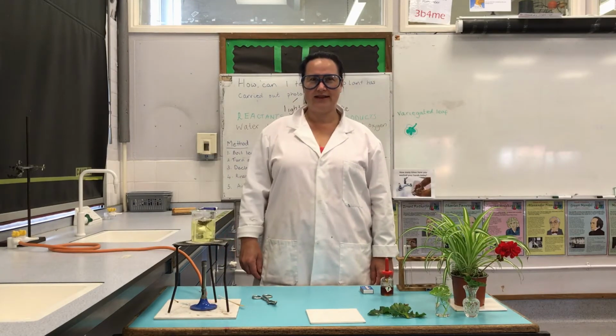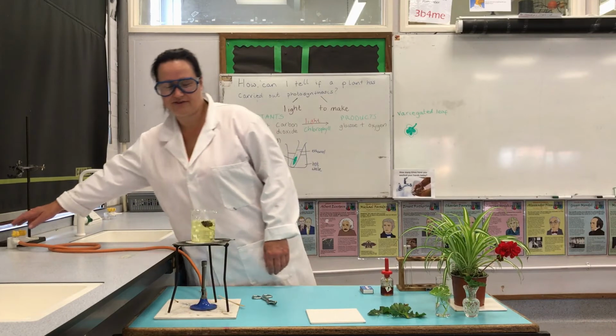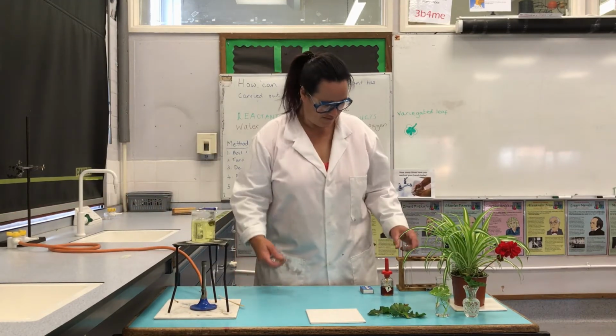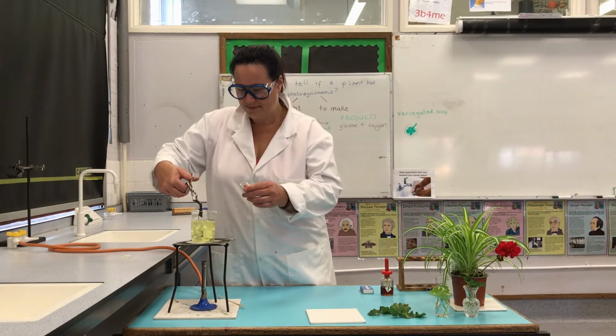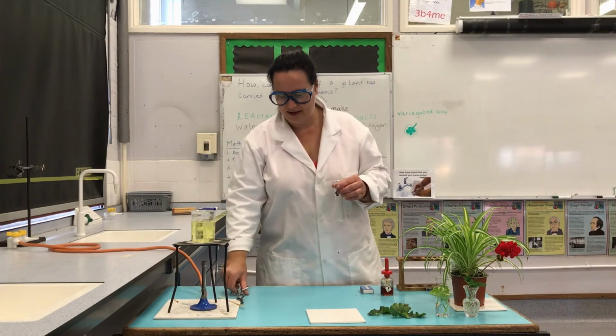Right, well I've been boiling that for a few minutes and it's well and truly dead, so I'm going to turn off the gas and fish out the leaf. And I'm going to put that in a boiling tube with some ethanol.